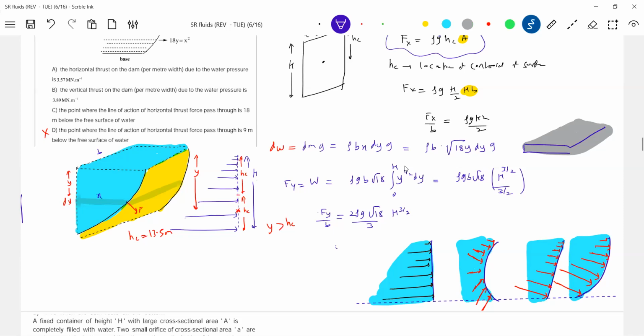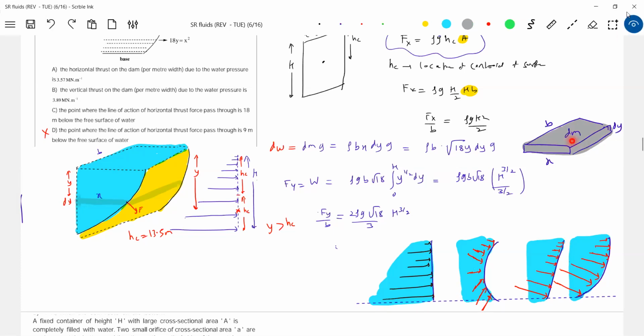So this is b, this is x, this is dy. Okay, fine. So the mass of this is dm.